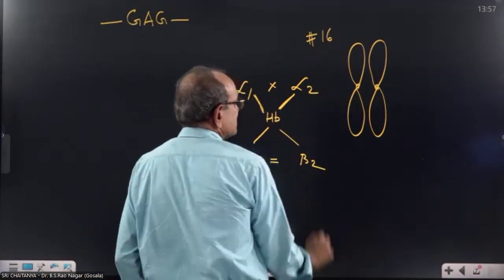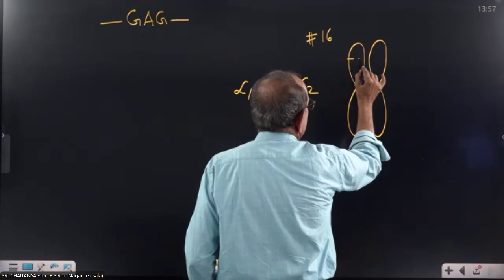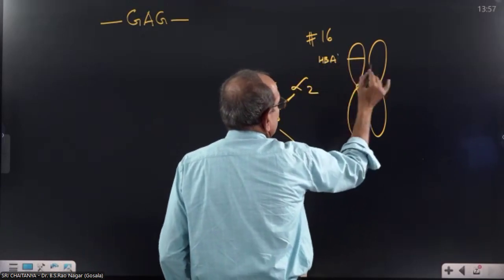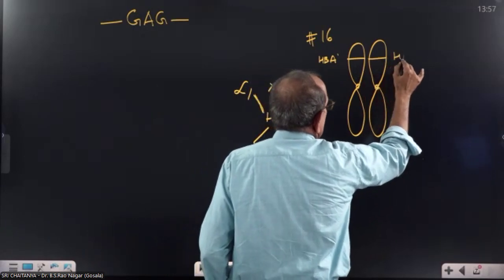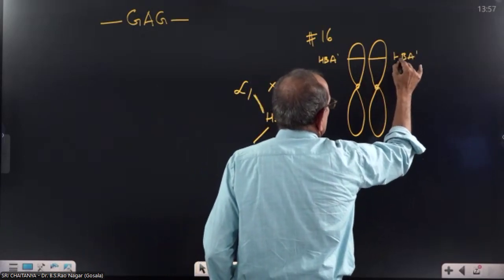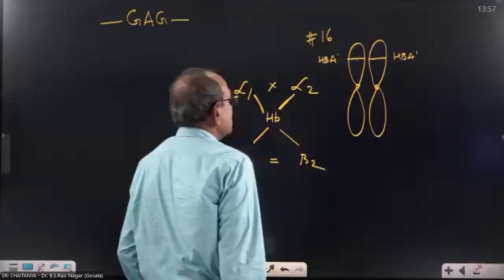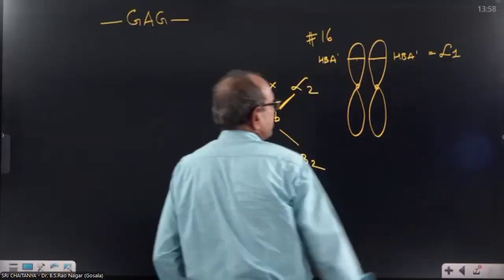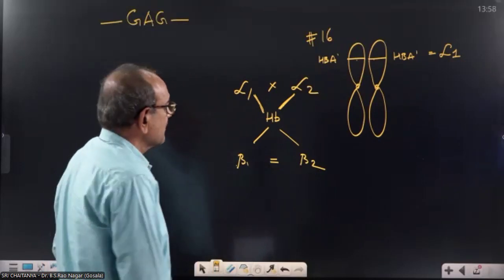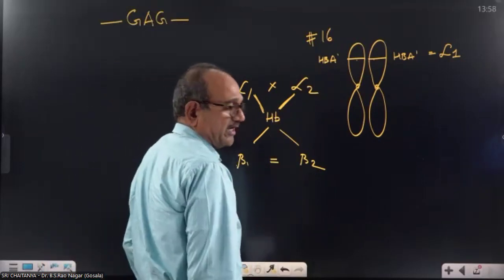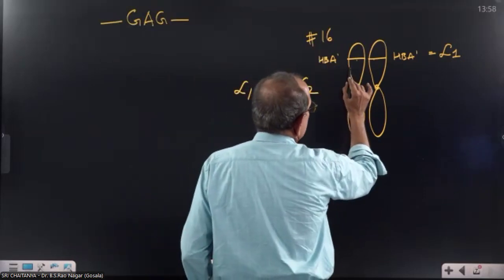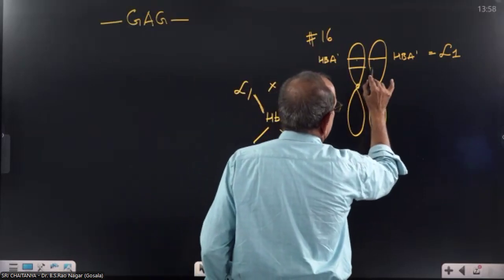There are 2 genes there. This is HBA1, and this is also HBA1. There are 2 alleles, which code for the alpha 1 polypeptide. The alpha 2 polypeptide genes are also located on the 16th chromosome, very near to the first one.